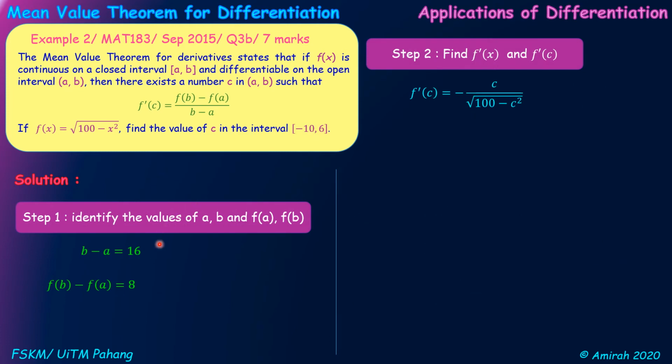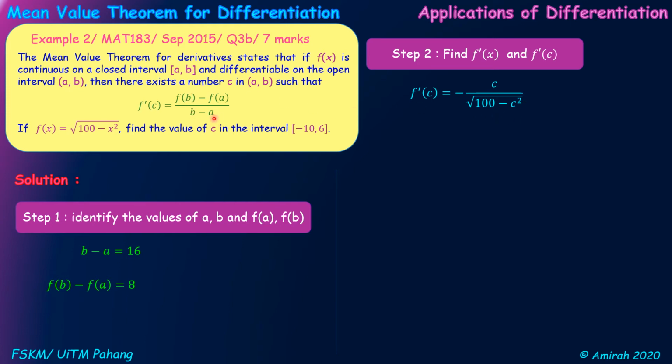From the previous slide, under step 1, we found b minus a equals 16 and fb minus fa equals 18. And from step 2, we found f prime c, which equals negative c over square root of 100 minus c squared.